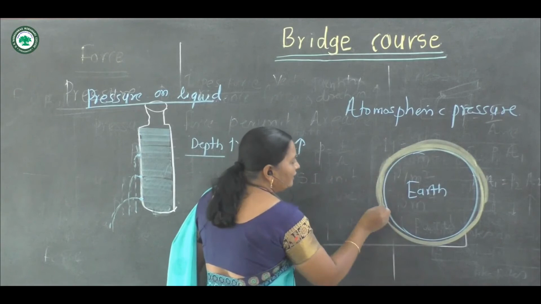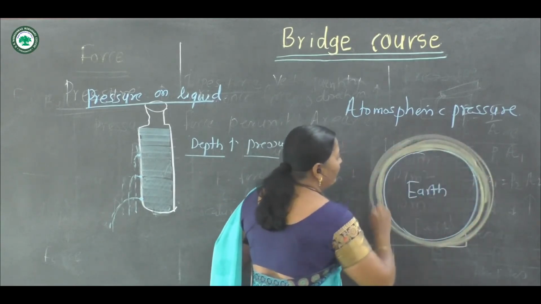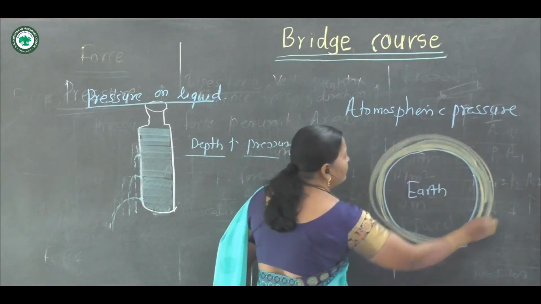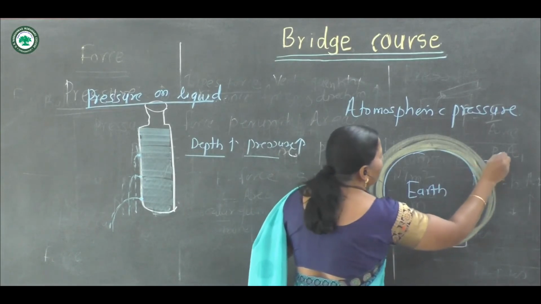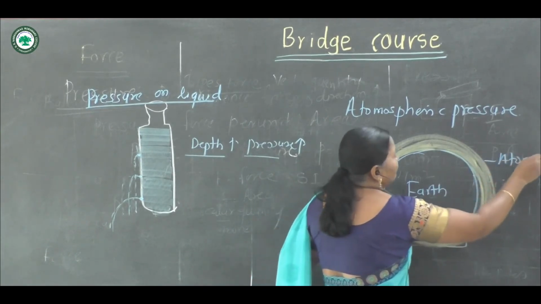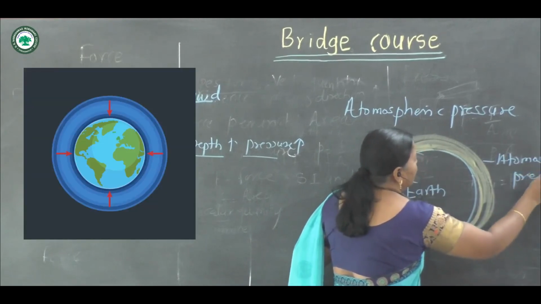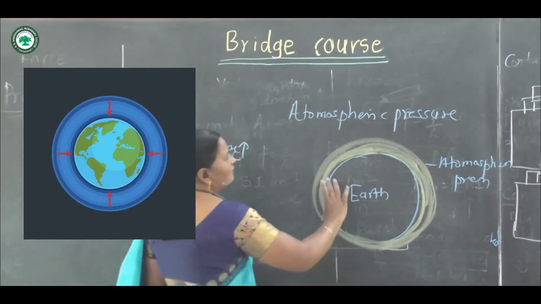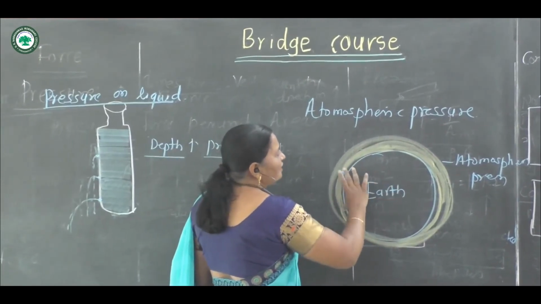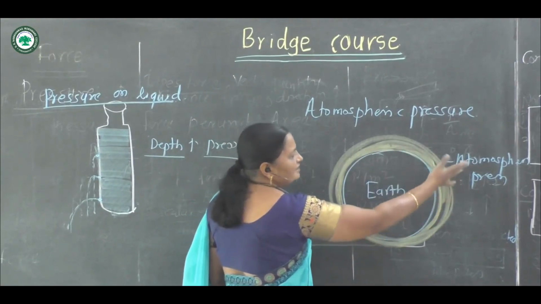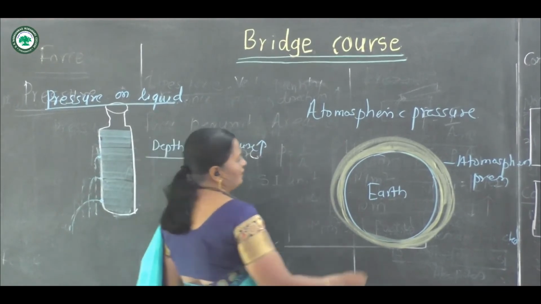Due to the air, there is a pressure created on the surroundings, and it is called atmospheric pressure. The air above the earth's surface creates a pressure surrounding the earth's surface, and this pressure is called atmospheric pressure.